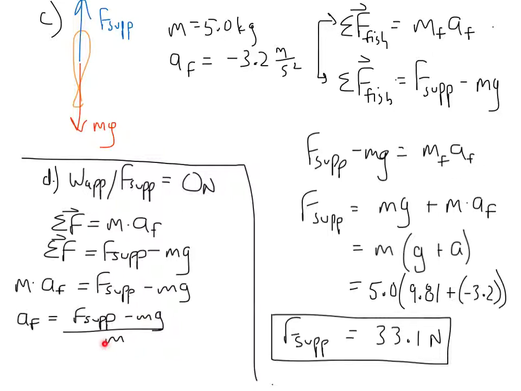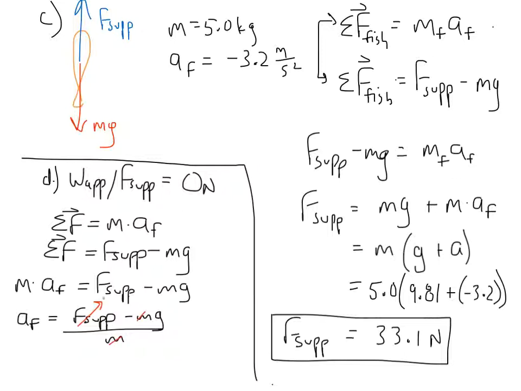What is the supporting force on the fish? Well, it's 0, right? We're told that the fish has 0 apparent weight. So this part's going to be 0, and you divide 0 by anything, it's going to be 0. And if you divide this part by m, the m is going to cancel out.